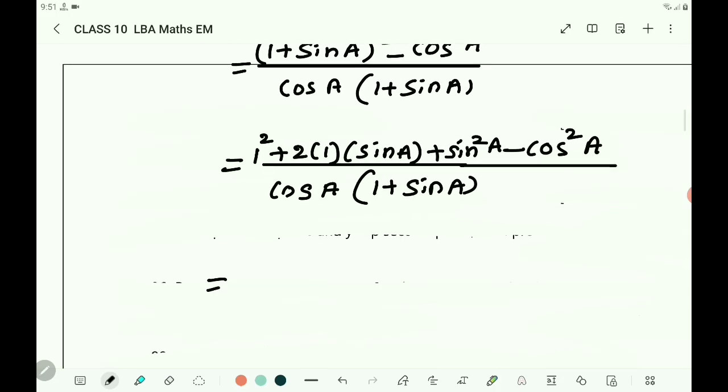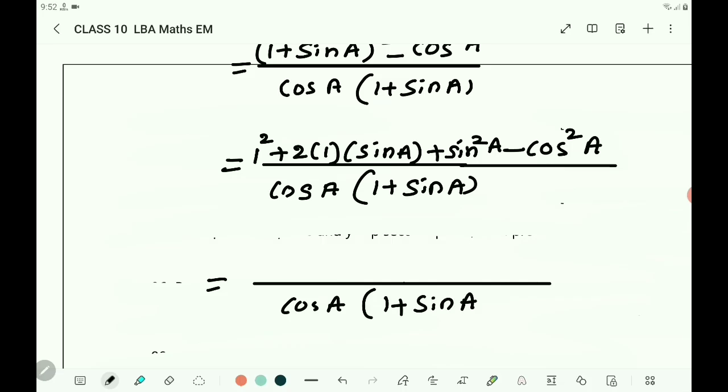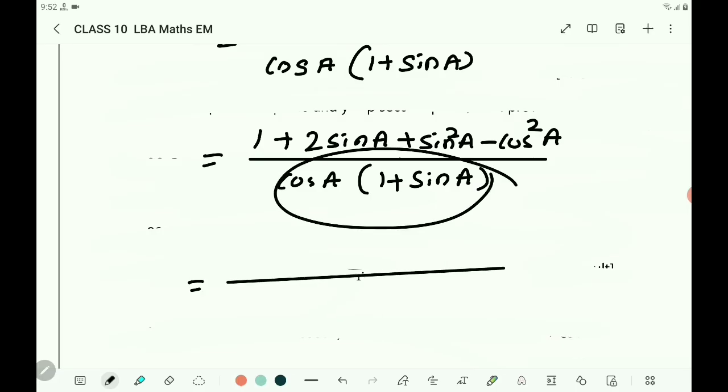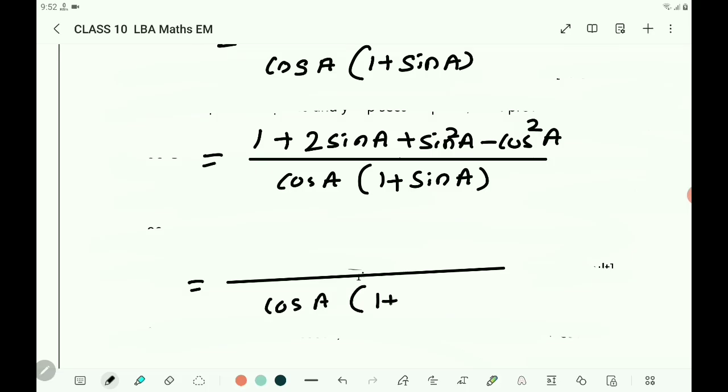The next, write the denominator as it is, cos A into (1 + sin A). 1 square is 1, plus 2 sin A, plus sin square A minus cos square A as it is, equals, write the denominator as it is, cos A into (1 + sin A).